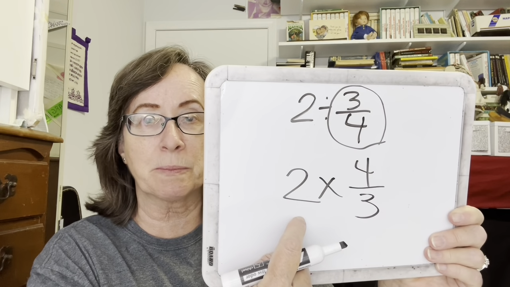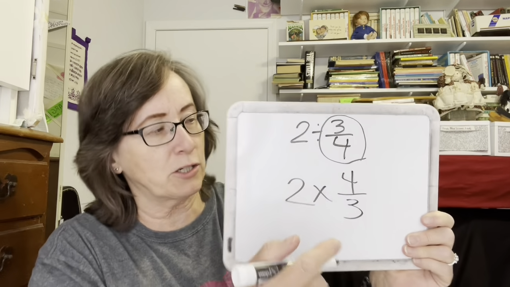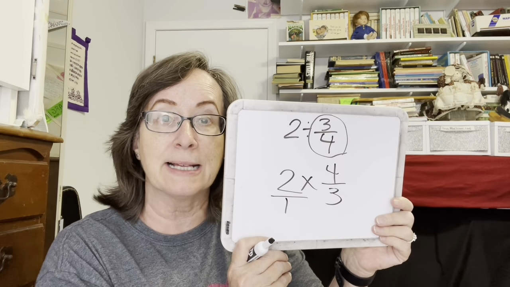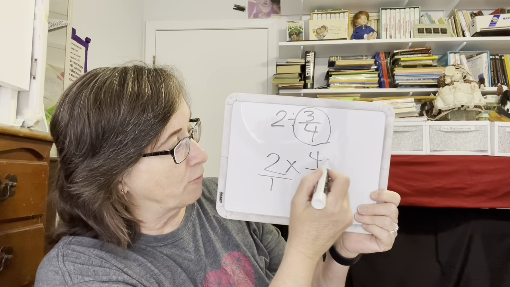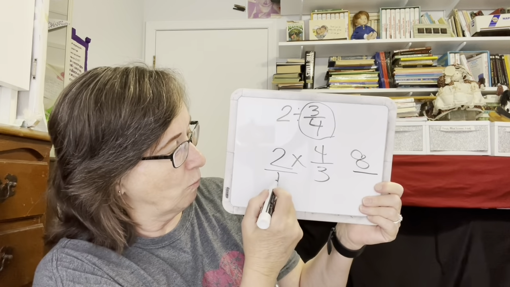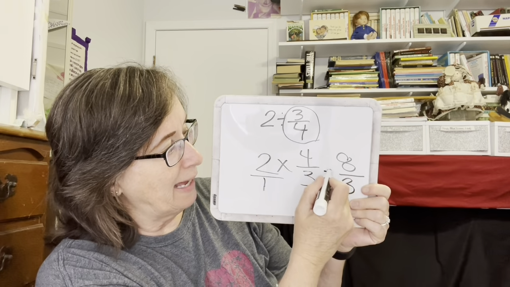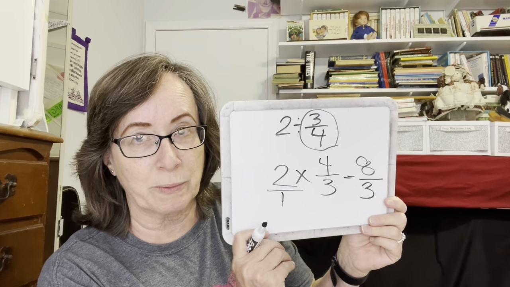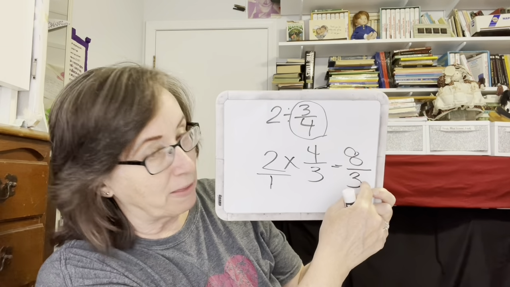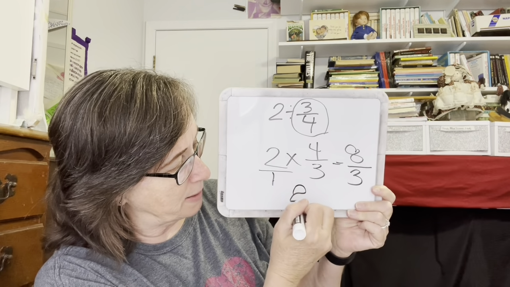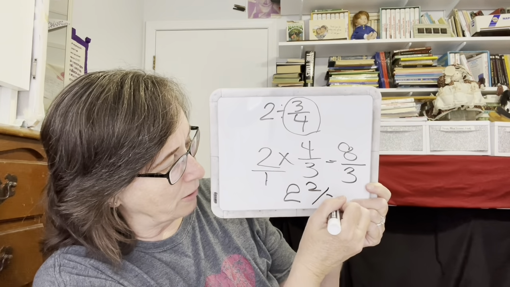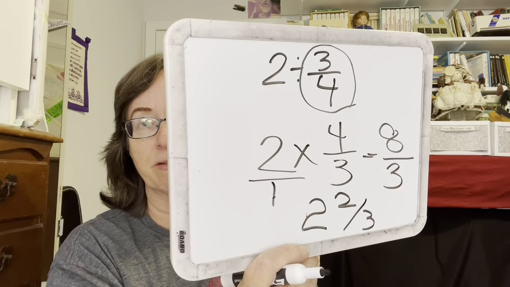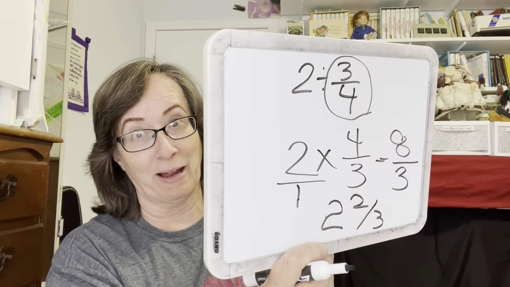Remember, anytime we're multiplying a whole number by a fraction, we can easily just put the whole number over 1 as the denominator. 2 times 4 is 8. 1 times 3 is 3. 8/3 is the answer, but 8/3 is improper. So what are we going to do now? 8 divided by 3 goes 2 whole times, and 2/3 left over. 2 2/3 is 2 divided by 3/4.